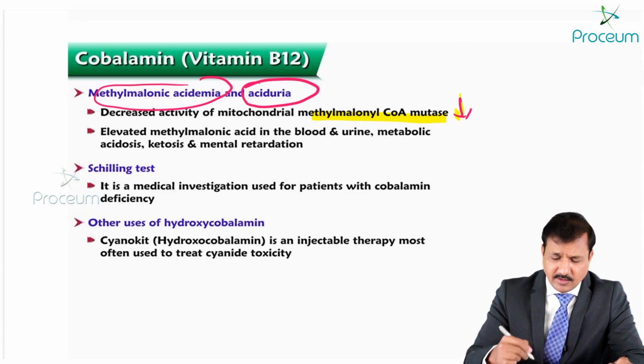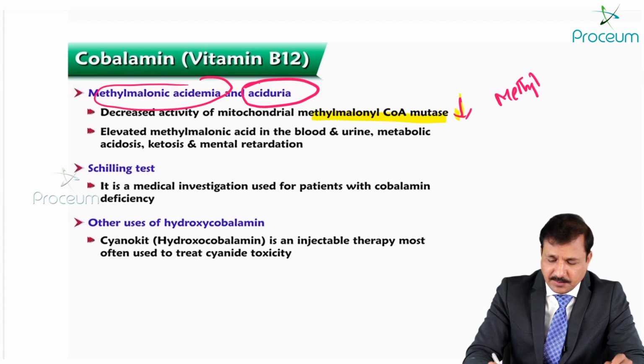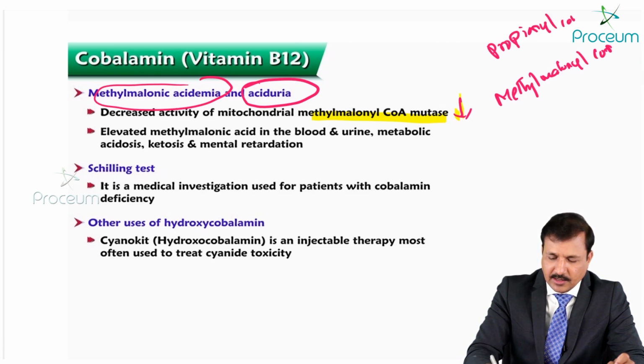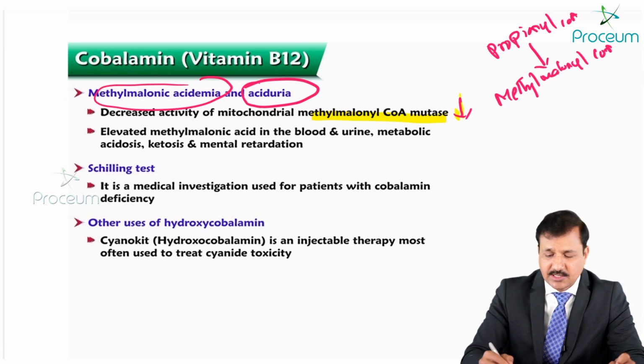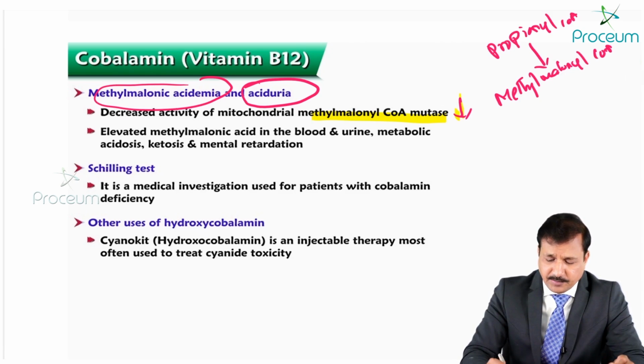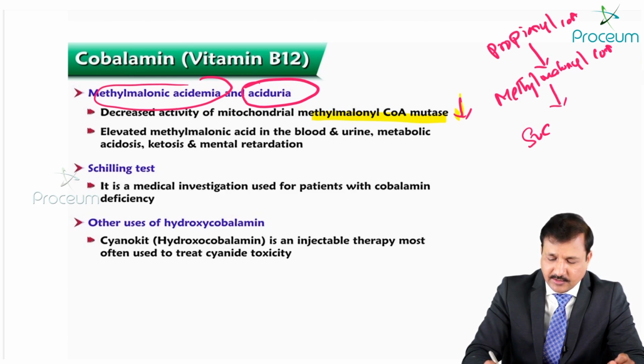Because if I want to recap this reaction here, methylmalonyl-CoA, one of the reactions that we have seen previously, methylmalonyl-CoA, which is coming from propionyl-CoA, coming from odd number carbon fatty acid oxidation and a variety of other sources of propionyl-CoA, is converted into succinyl-CoA.